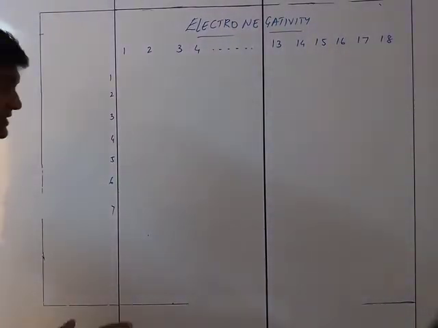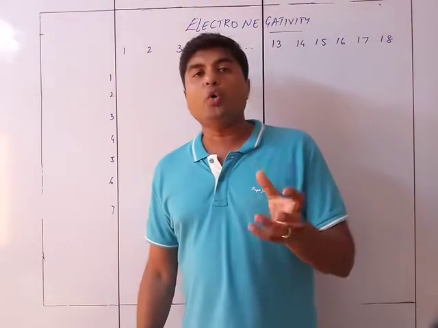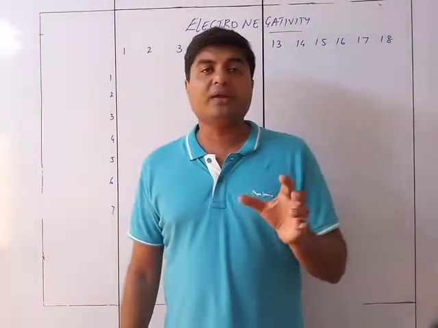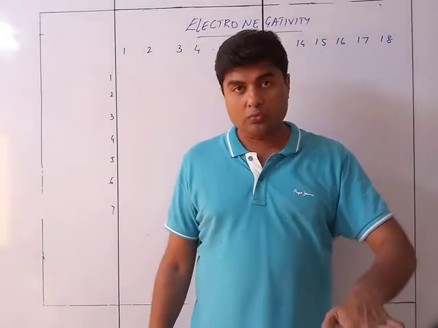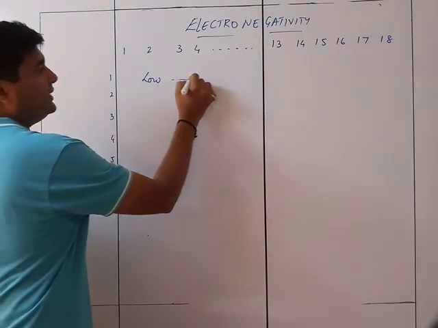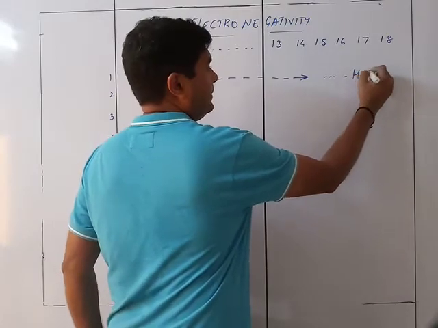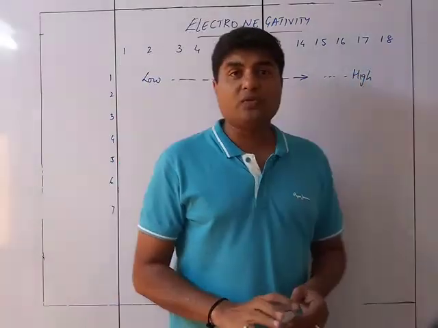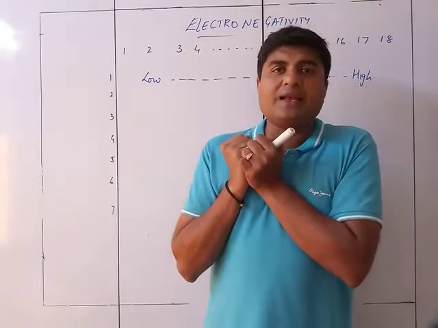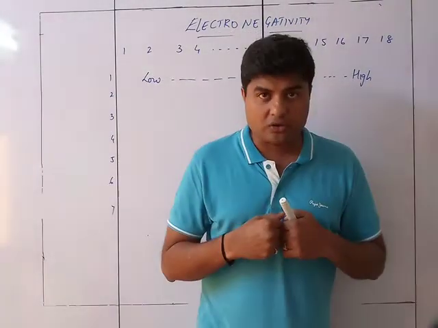So we can see over here that if a metal is there, metal will always have electronegativity as very low. Okay, so you can see that here it will be low, whereas over here as I go further it will be very high, because a non-metal will have a tendency to attract the electrons towards itself, and that is the reason they accept electrons.